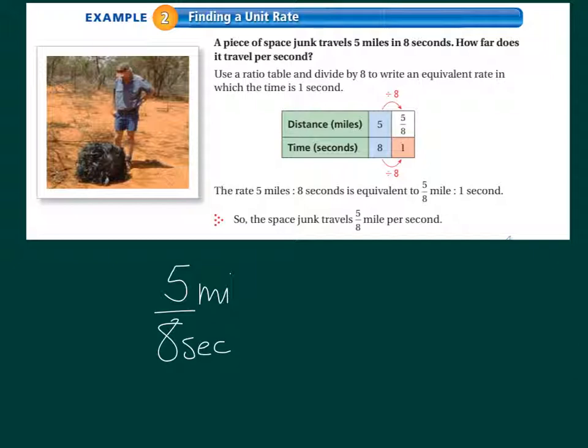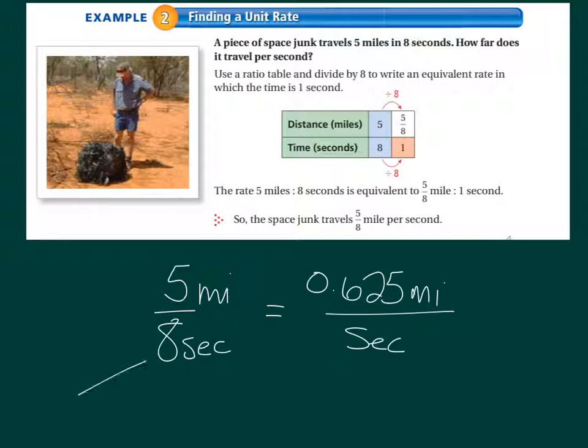So 5 divided by 8, I get 0.625 miles per second. So again, decimals are okay here. You could use a table, but you don't necessarily have to. You want to get this number to be 1, so you divide whatever's on top by that.